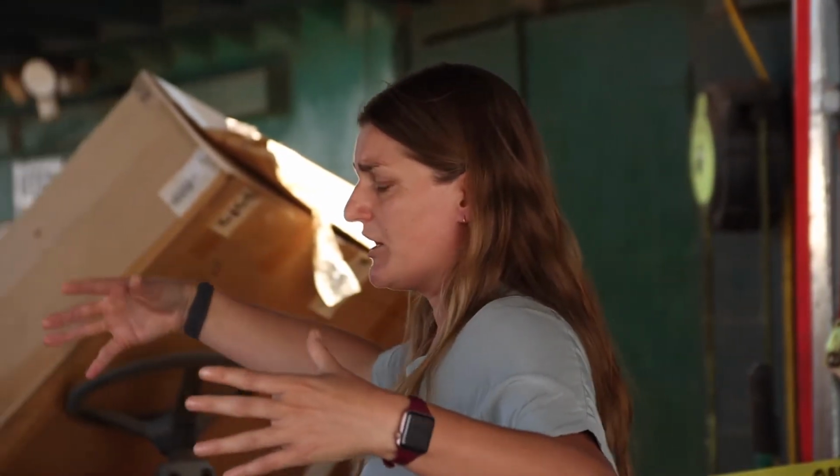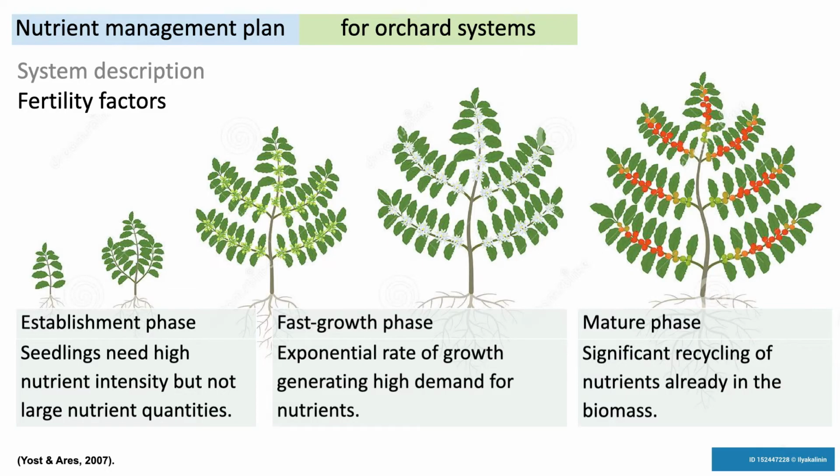It can't necessarily explore nutrients that may be available but deeper or outside of that rooting zone. So we talk a lot about intensity, and this relates to your soil test. You send a soil test out, and the ppm you get back, that would be your intensity.